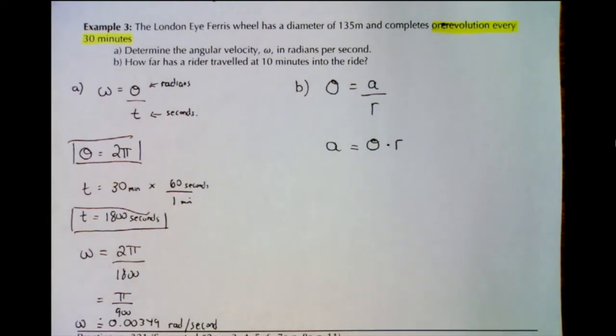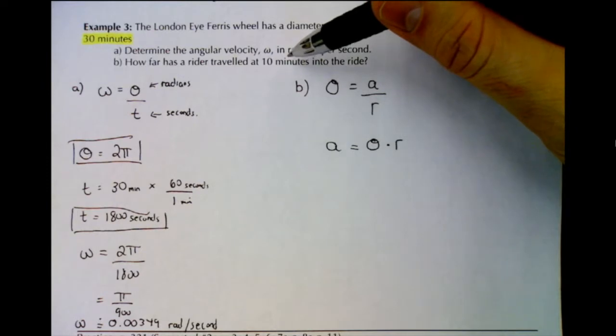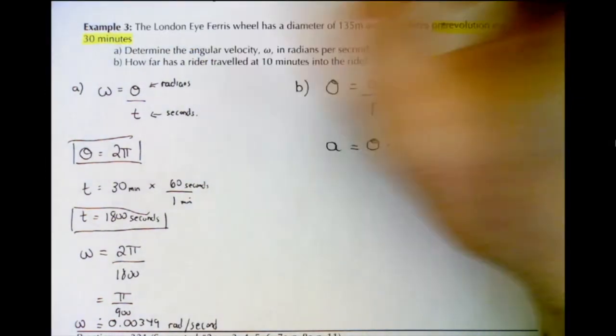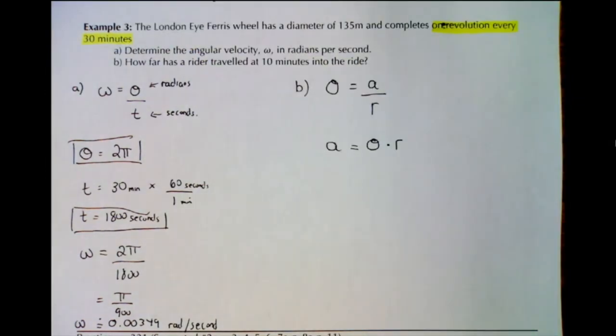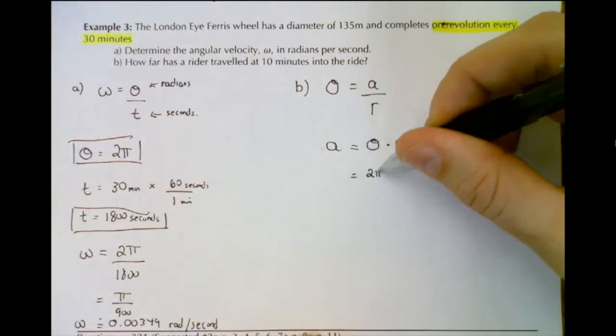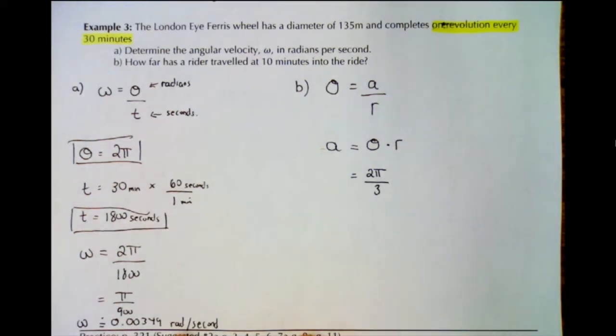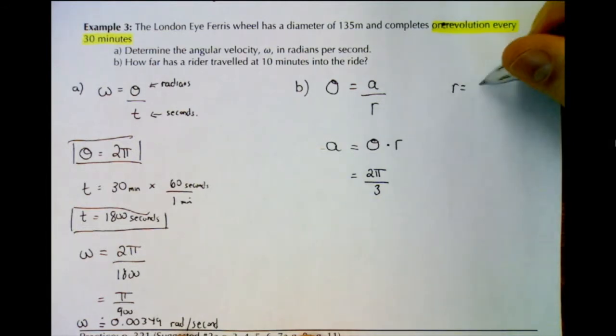Well, what's the angle? The angle is found by figuring out how far we've rotated. Well, 10 minutes into the ride is 1/3 of 30 minutes. So we've traveled 1/3 of the way around a circle. Well, if the whole circle is 2 pi, 1/3 of 2 pi would be 2 pi over 3. And the radius of this circle is diameter divided by 2.